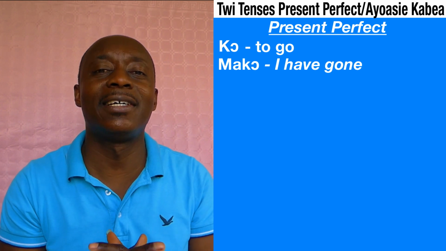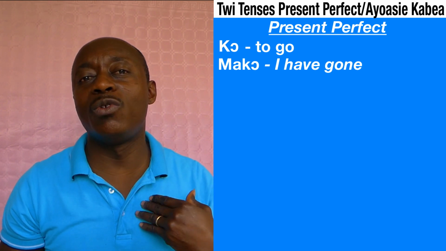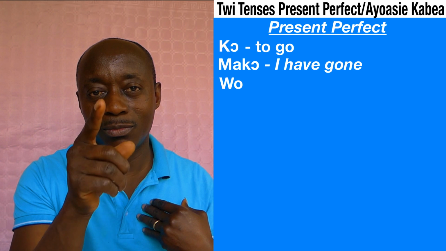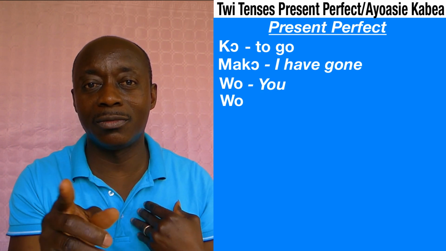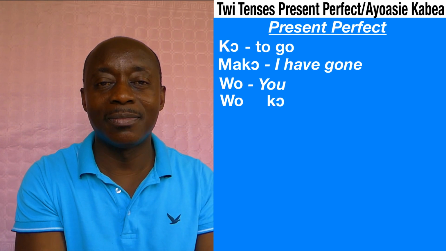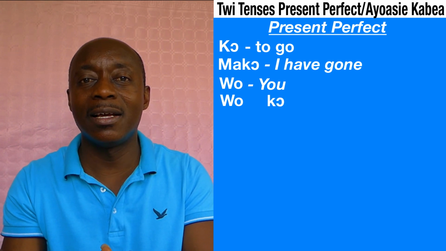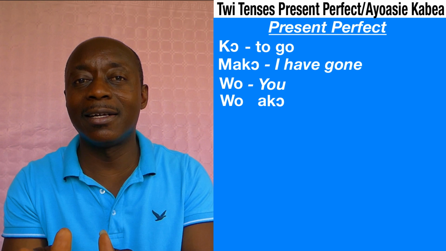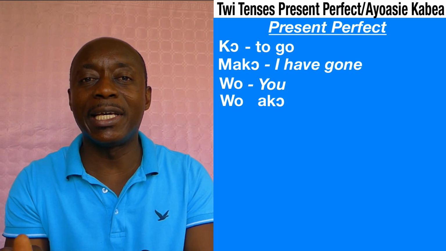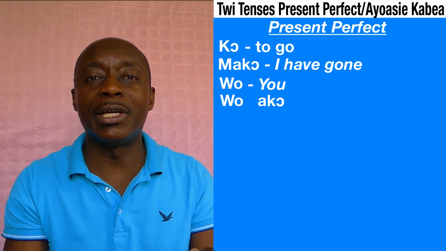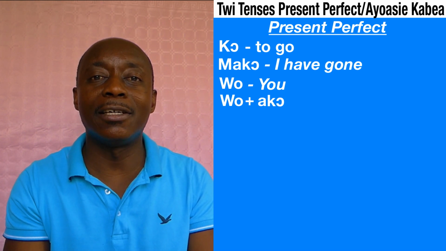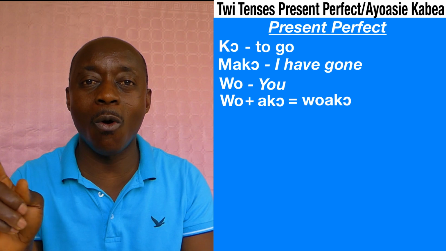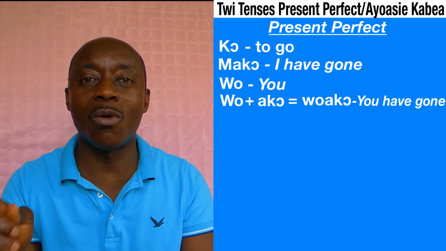Good. If we take wo, that is you. Wo, you have gone. We'll write wo, and then we'll prefix the verb kɔ with a. And so it will become wo plus akɔ, wakɔ.